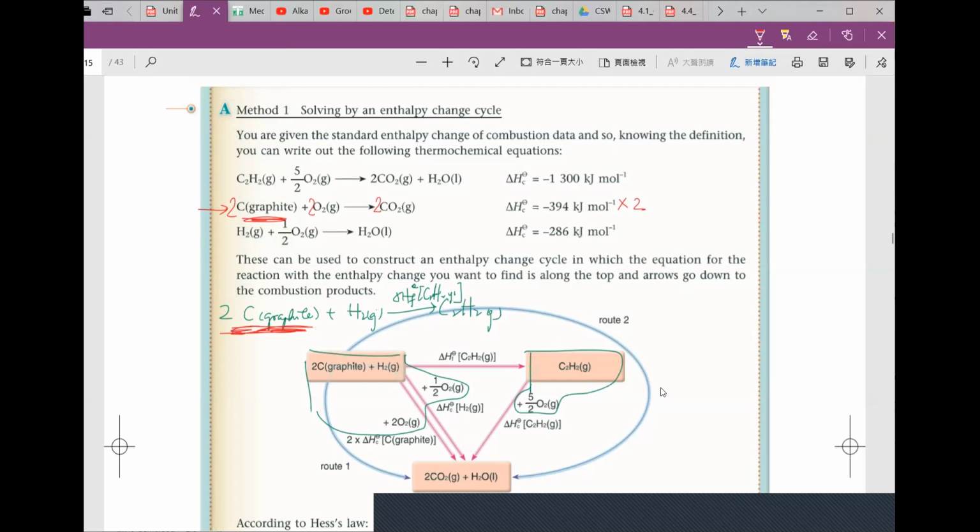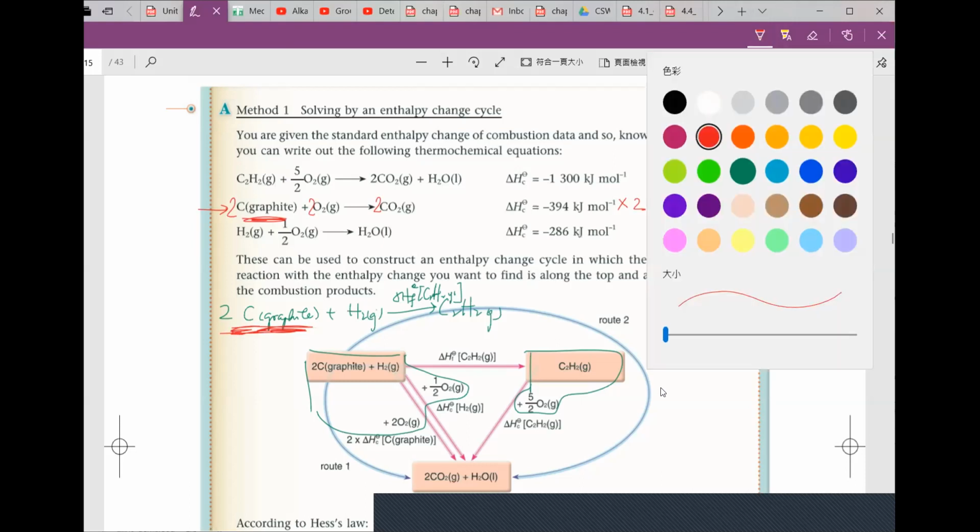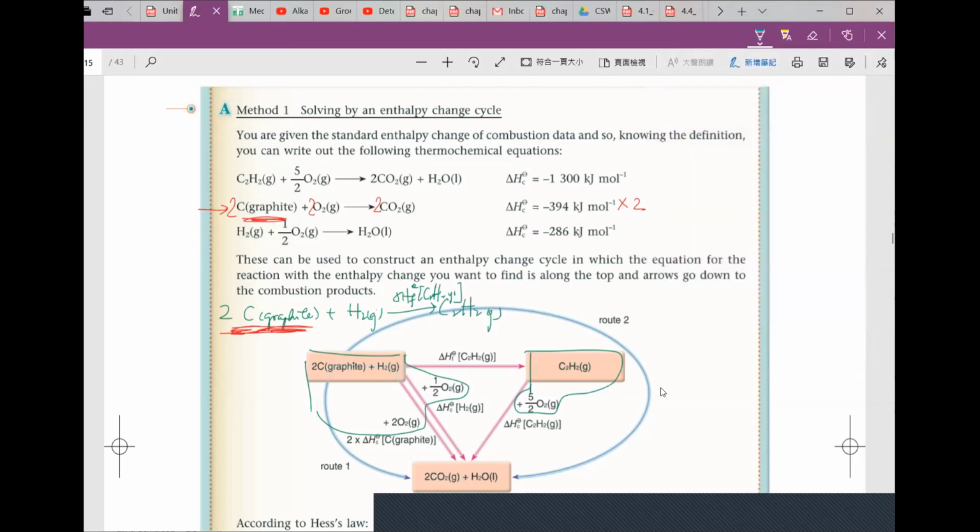And what's next? You are going to have hydrogen. I would like to use another pen. We have got hydrogen, 1 mole here. They are both on the left-hand side, so don't worry, just add this in this direction. With that, this is times 1. Can you get the point?